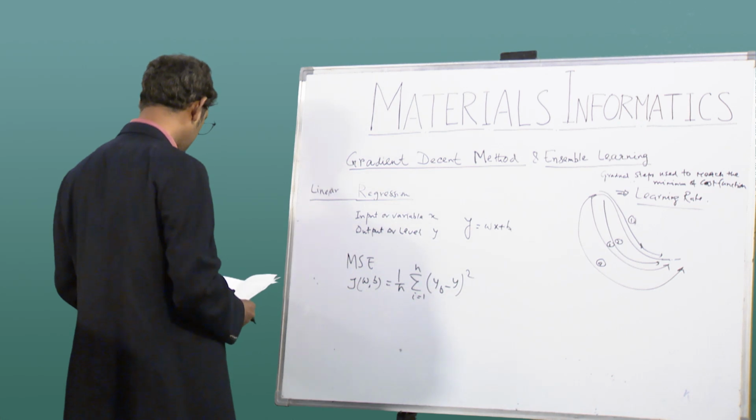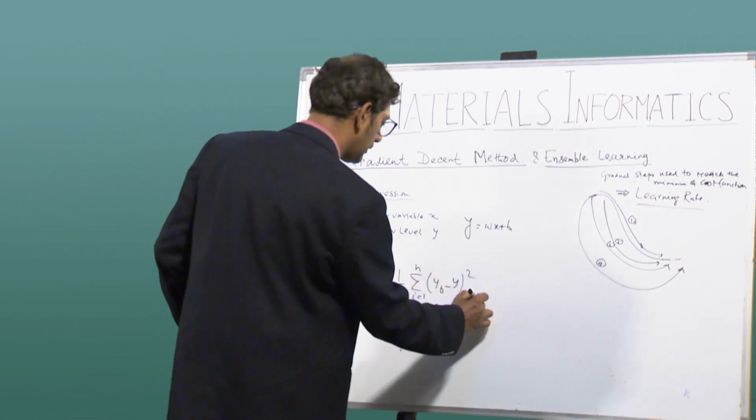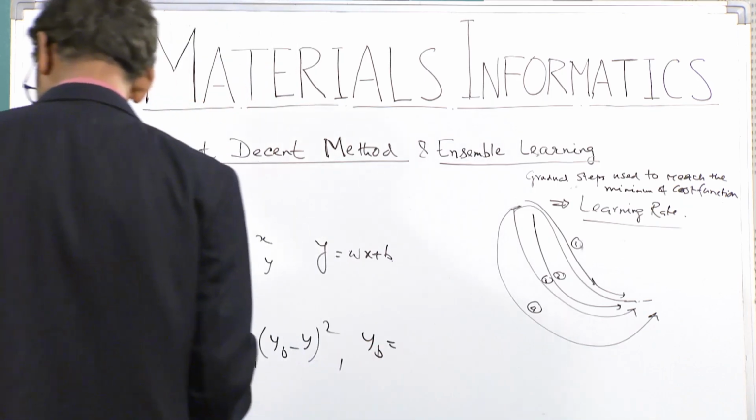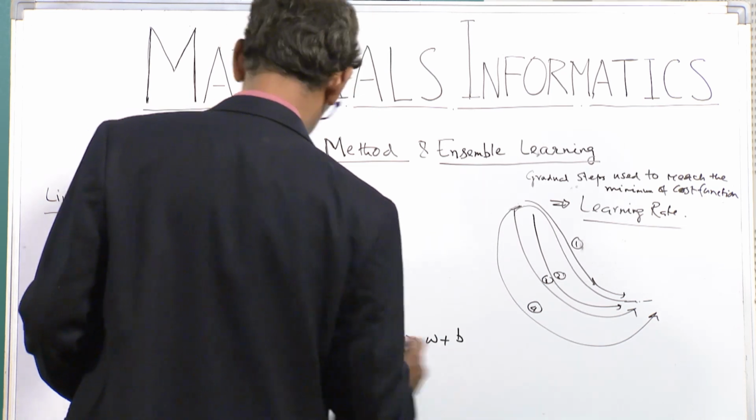So, you can clearly see that here yp is x into w plus b.